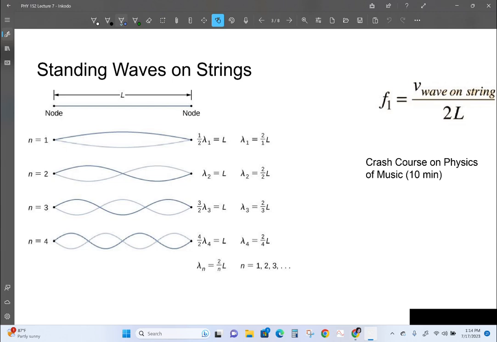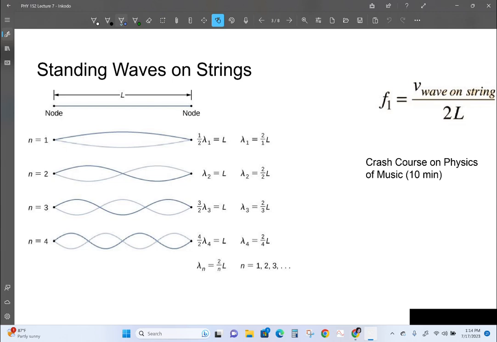So let's talk about standing waves that form on things like guitar strings. Let's take a length of string, L, and let's get it to vibrate at its lowest frequency. At its very lowest frequency, it just has one antinode.